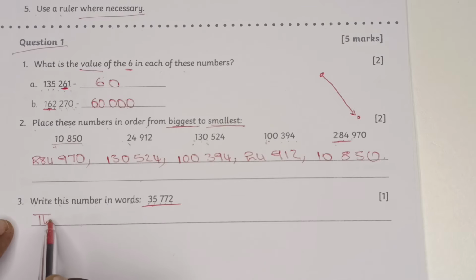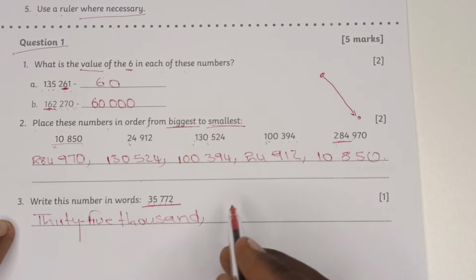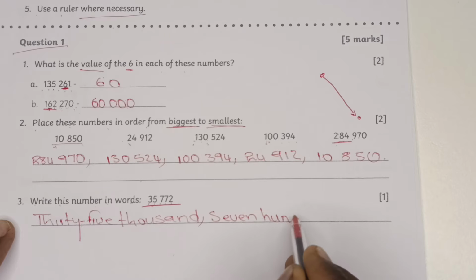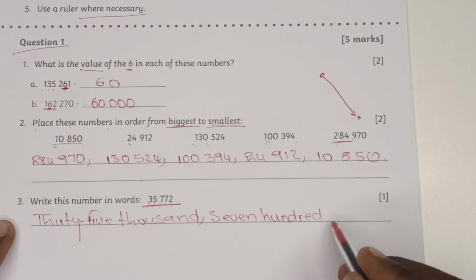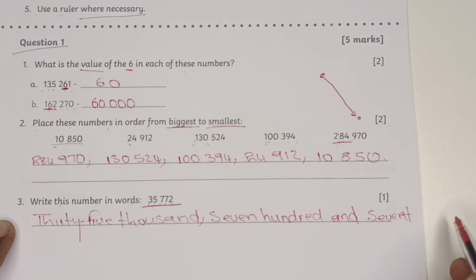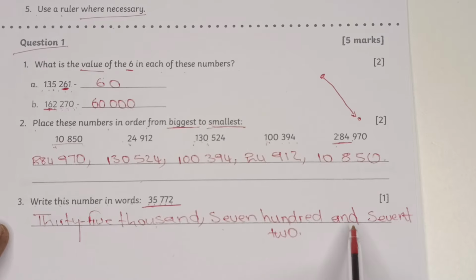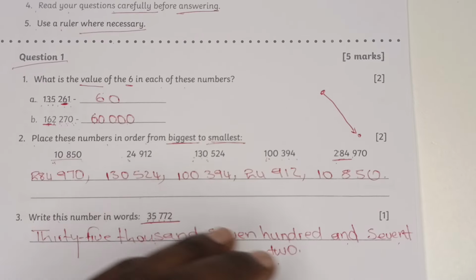It is 35,000, 7 100 and 77 and 72. 35,772. Correct.